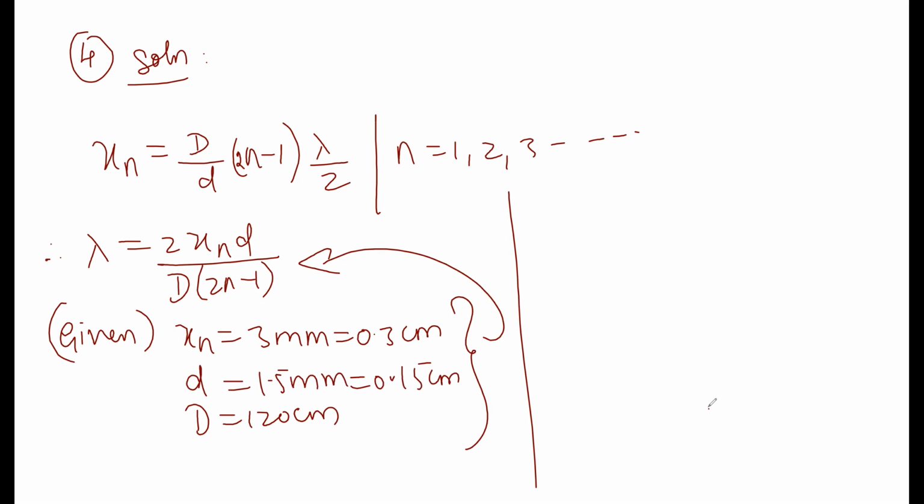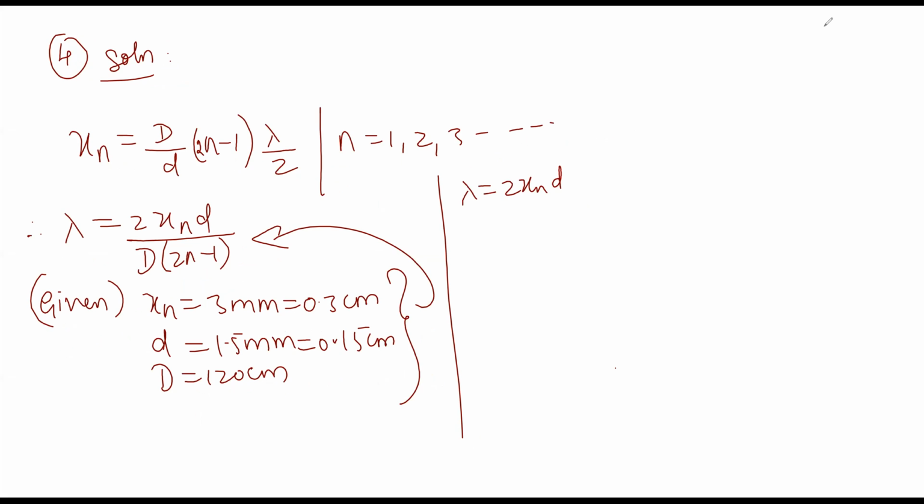Lambda is equal to 2xn into d divided by capital D into (2n minus 1).